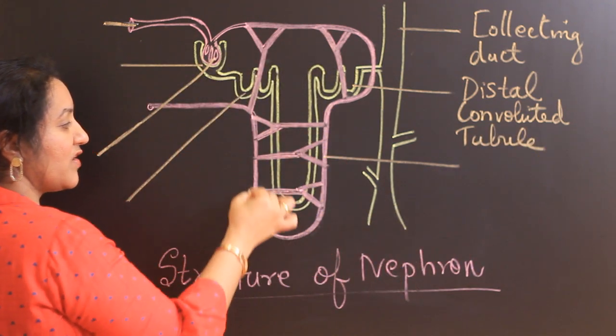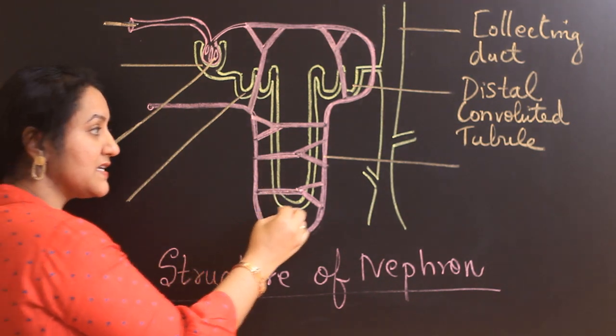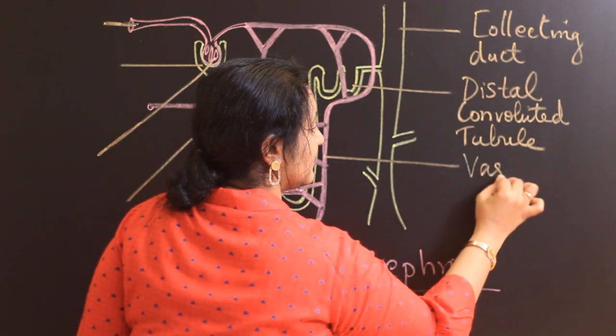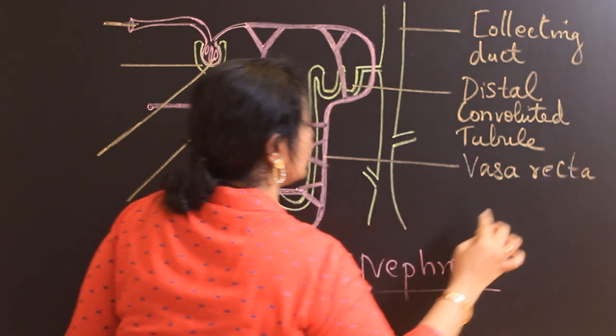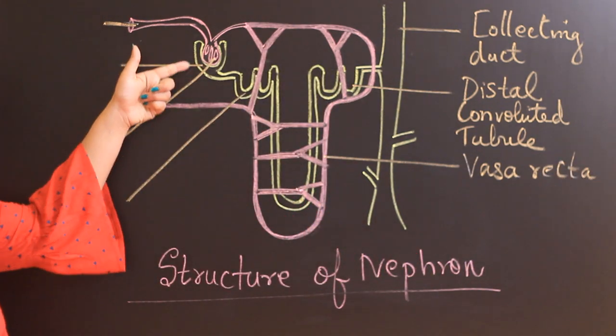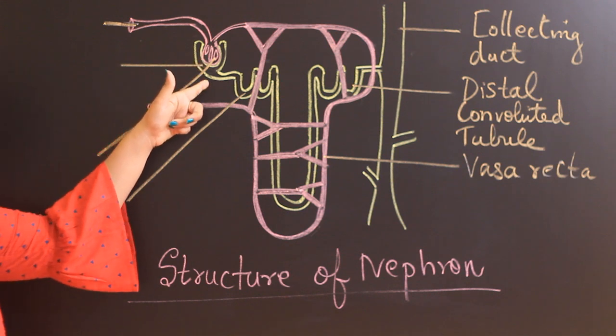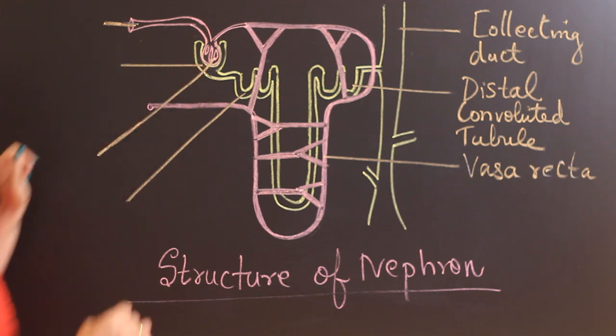The blood vessel that runs parallel to loop of Henle is vasa recta. The double-walled structure where filtration happens is called as Bowman's capsule.